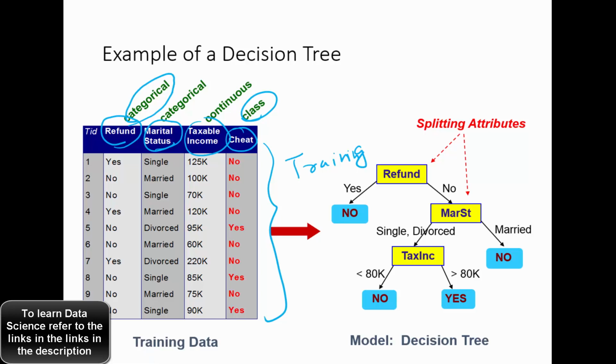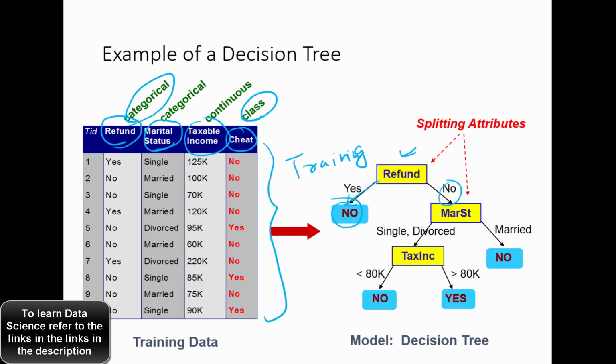So it looks like this. It starts with refund. If somebody is refunding you, then he is not going to cheat you. It's a straightforward case. If he doesn't refund, then there are many sub nodes to it, and you need to look at his marital status.